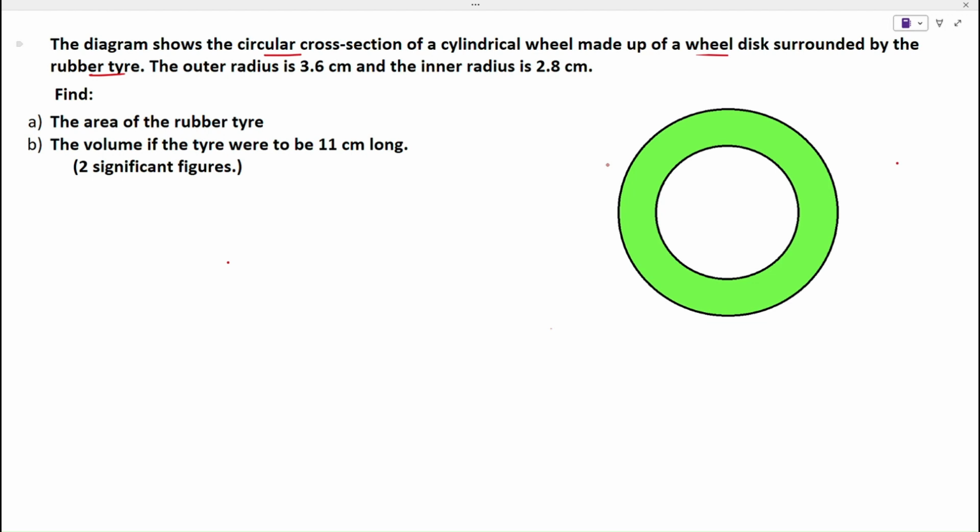So the first thing that we're going to do is we have a diagram, so we're going to label our diagram. So our outer radius will be 3.6 centimeters and our inner radius will be 2.8 centimeters.